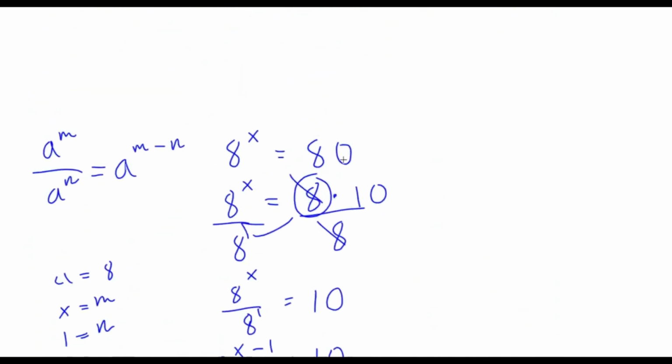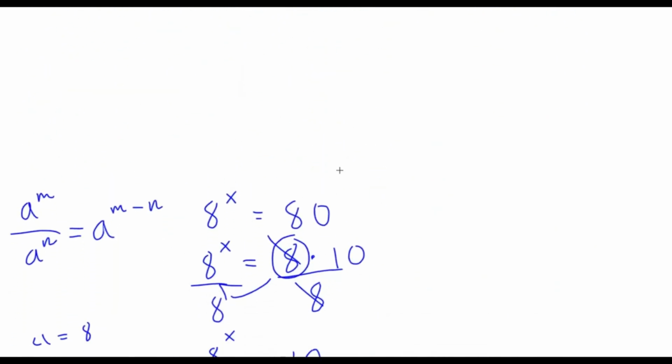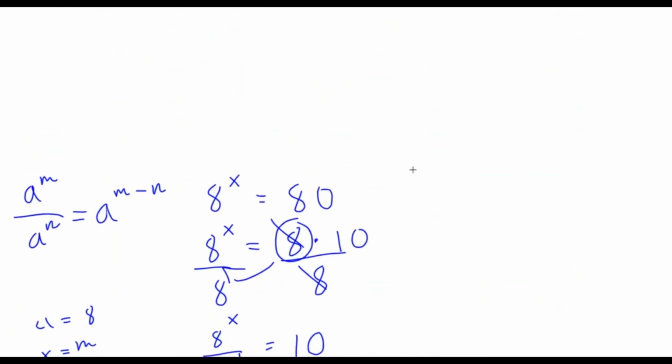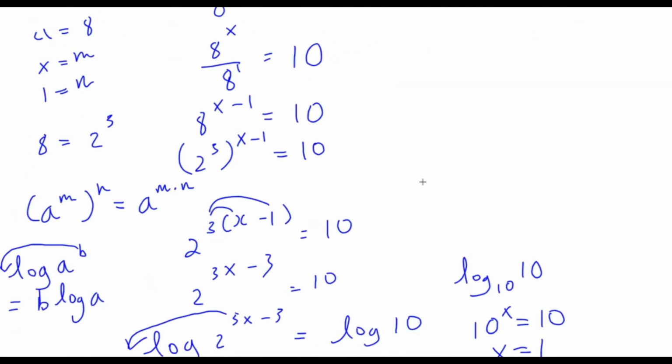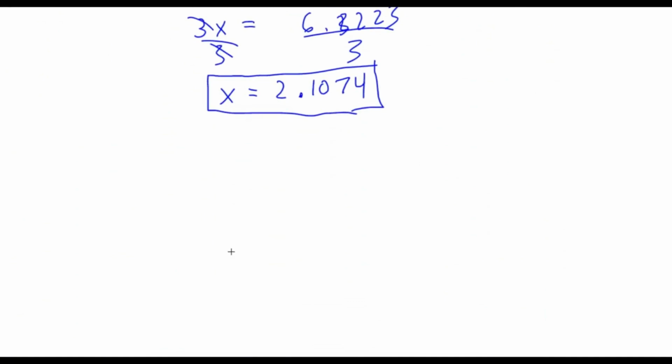And now, remember our original equation was 8 to the power of x is equal to 80. So if I plug in 2.104 into my calculator, so that's 8 to the power of 2.104, let me plug that into my calculator.